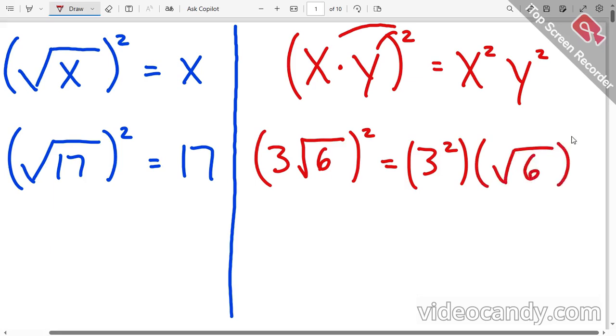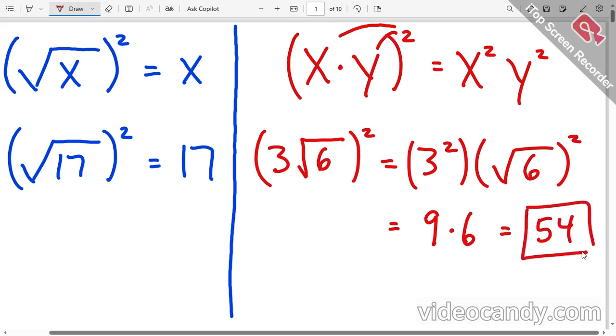So that's going to be radical 6 squared. All right. 3 squared is just 9. Radical 6 squared, we said before, you just remove the radical. So radical 6 squared is just 6. And 9 times 6 is 54. All right, so if you have a number and a radical squared, make sure you square each one individually and then multiply them.